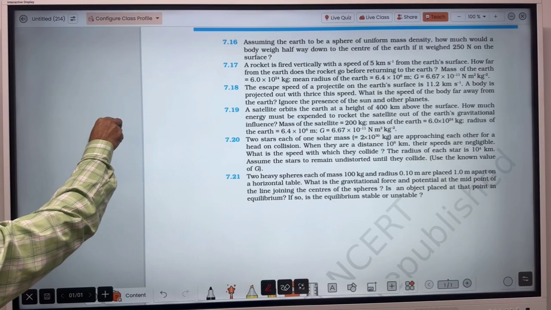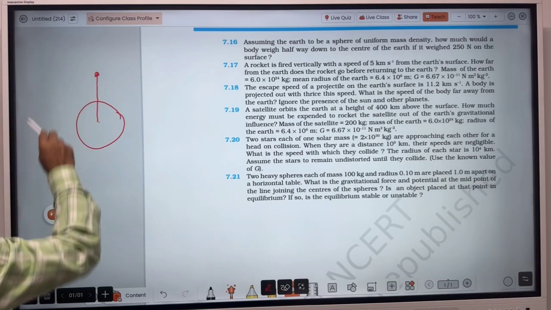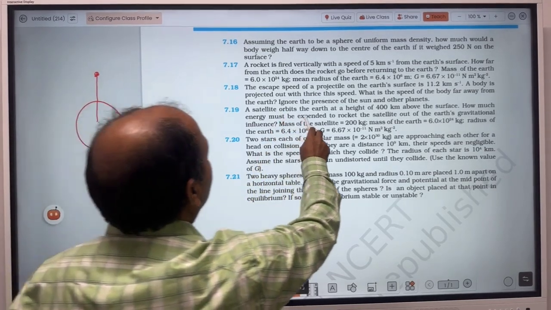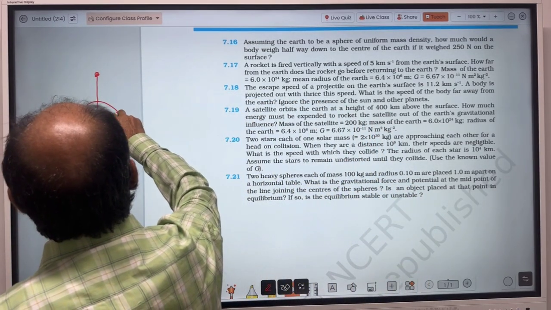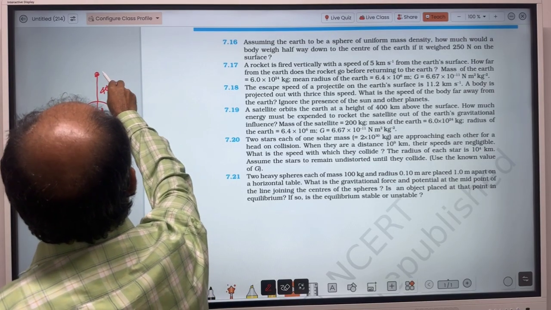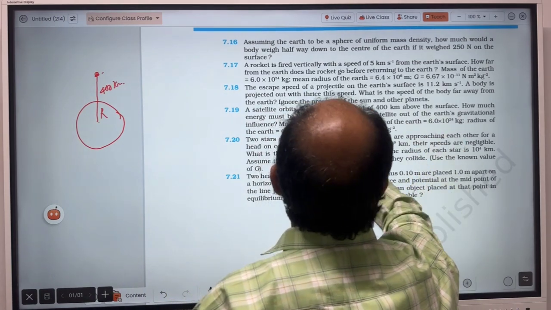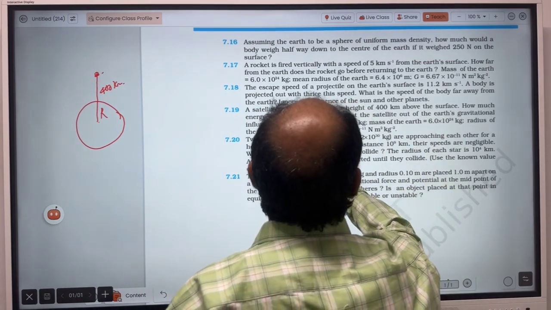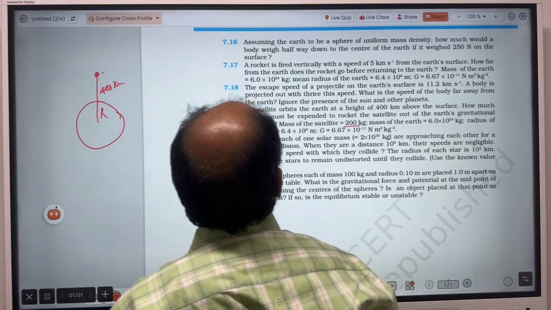So suppose the satellite is here, right? A satellite orbits the Earth at a height of 400 km. The radius of Earth is R, this is 400 km given, and the satellite is here. Other information, mass of satellite is also given, 200 kg.